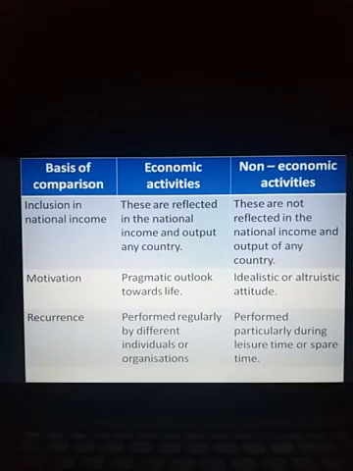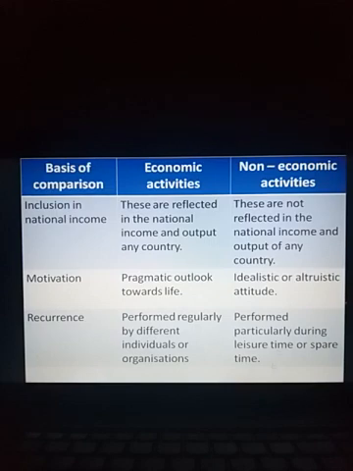He has to lead his life, so to earn the livelihood he continues and performs that activity regularly by different individuals or organizations.